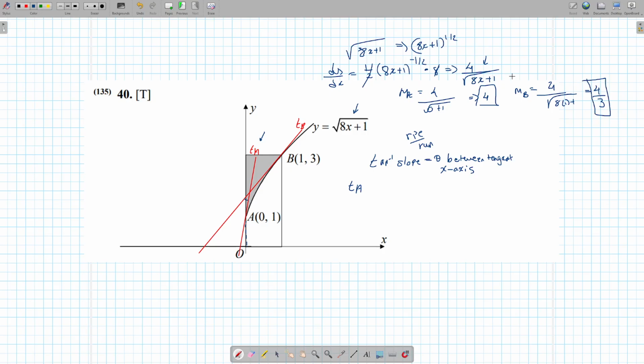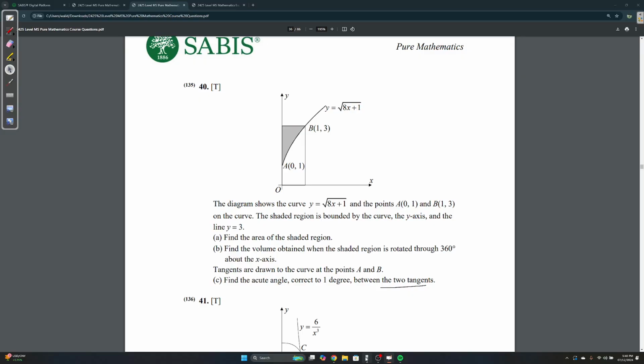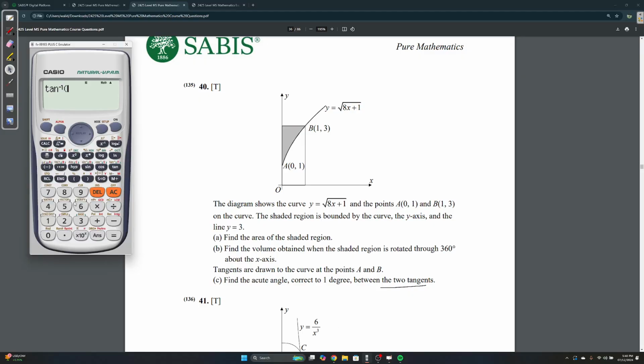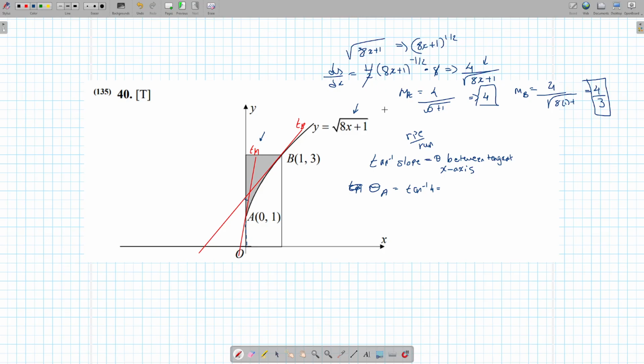So we can easily do shift tan. Let's find theta of A. Theta of A, we're going to do shift tan of 4. And we're going to get, let's see, shift tan of 4, 76 degrees. Okay, we can approximate it to 76 degrees. So this over here is actually 76 degrees. Let me put it in green. 76 degrees.